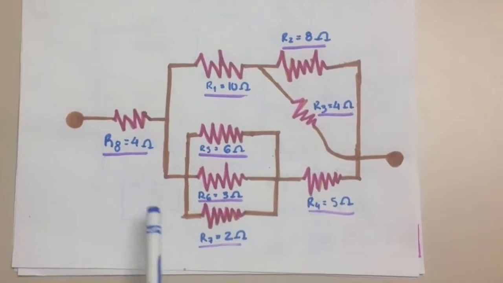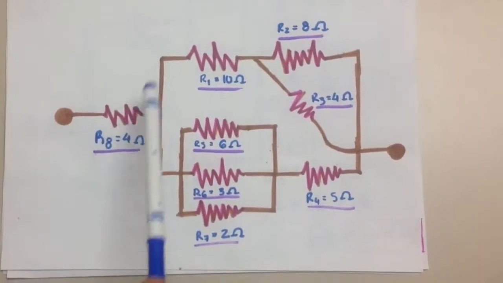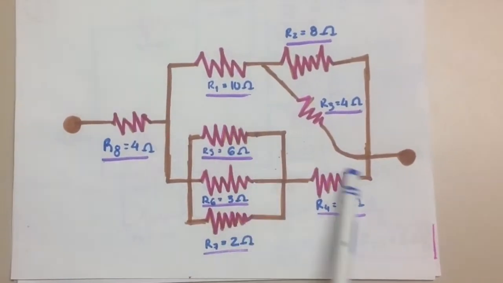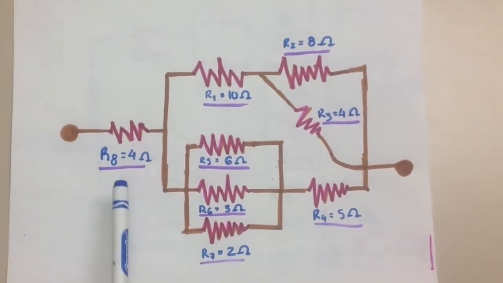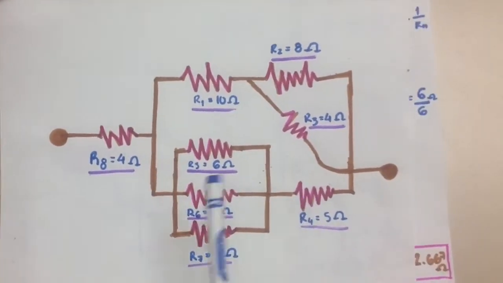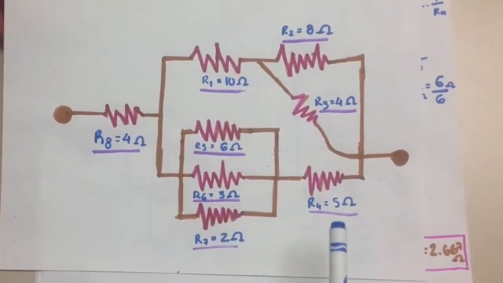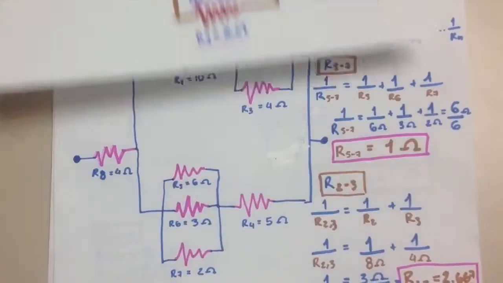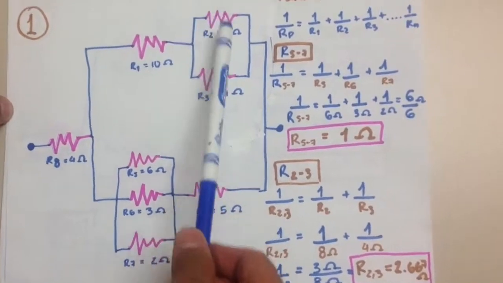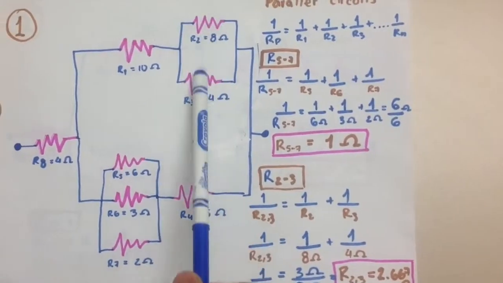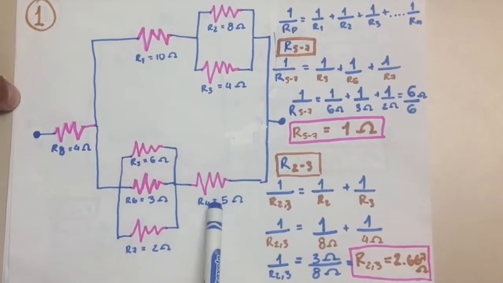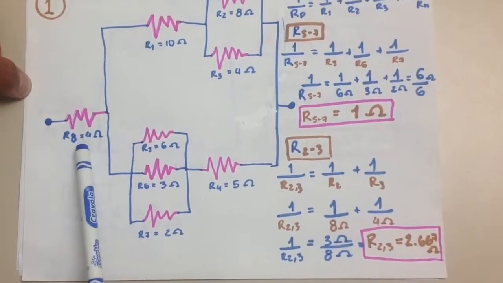This is a problem, and it is a circuit with different resistances. We need to solve this, but first we need to make it simpler. We have parallel, series, parallel, and series.